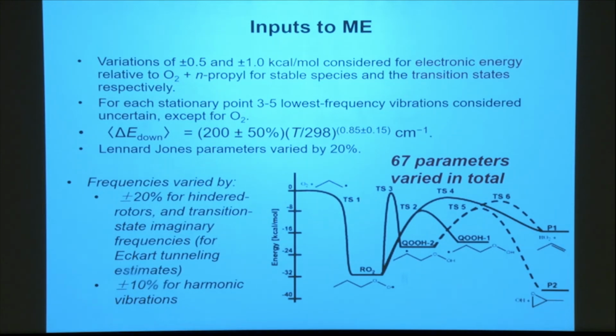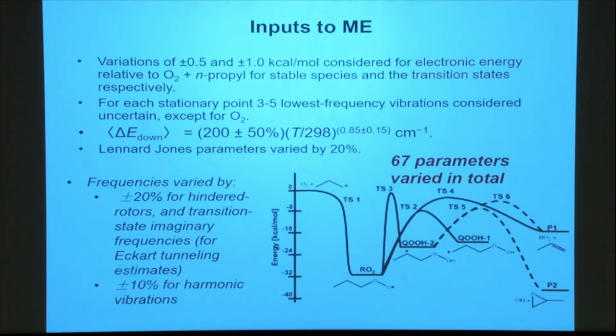In terms of the energy levels, we're assuming errors or uncertainties of plus or minus 0.5 kcal and 1 kcal for the stable species. So these will be the well depths and the transition states here. So a larger uncertainty for the transition states than the well depths, up to 1 kcal per mole.